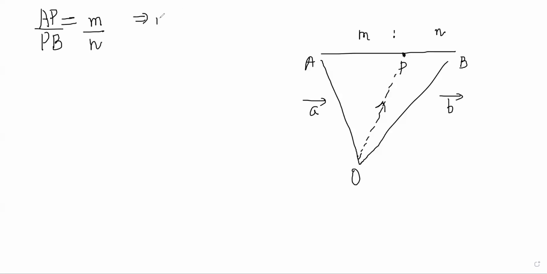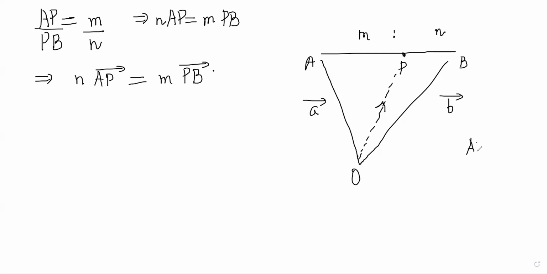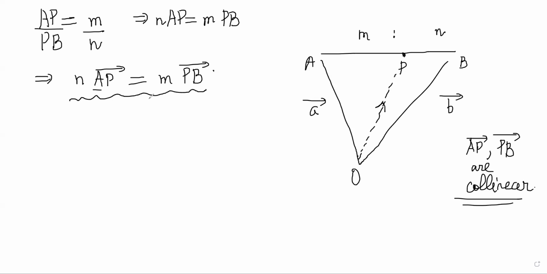So that means n times AP is equal to m times PB, right? And in terms of vectors, you can say n times AP vector will be equal to m times PB vector because both AP and PB vector have the same direction, are collinear. So we can write them like this. The directions are same, so we'll add a unit vector and we'll get this result, right?